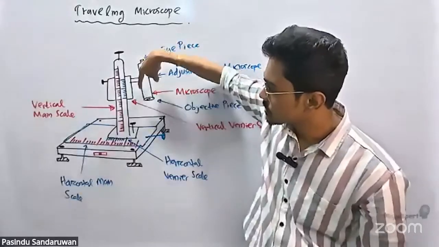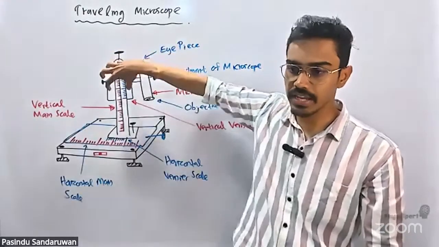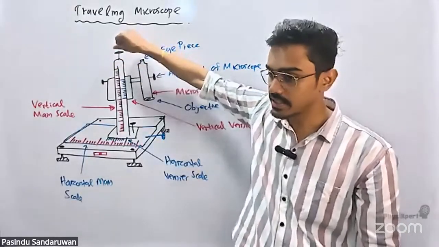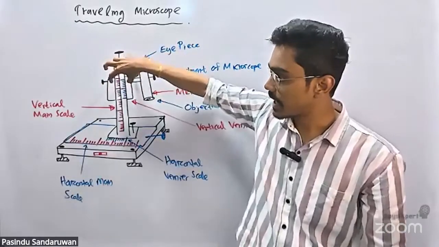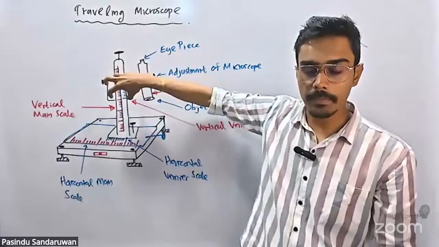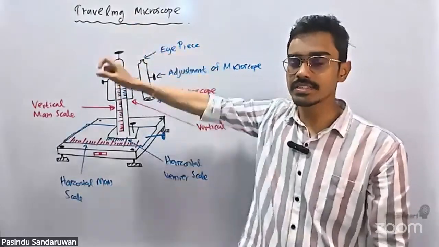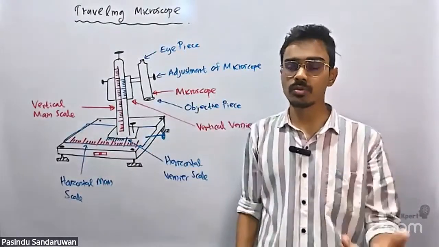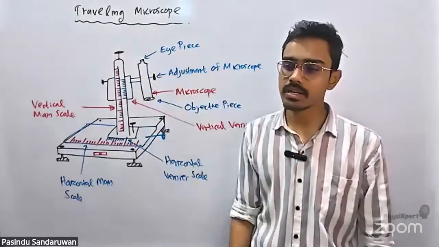Now, the microscope is fixed to this black frame. By rotating this, this whole part with the microscope can be moved up and down slowly. Since that is used for slow movements, it is called fine movement. Slow movements are called fine movements. This is the adjustment for fine vertical movement.